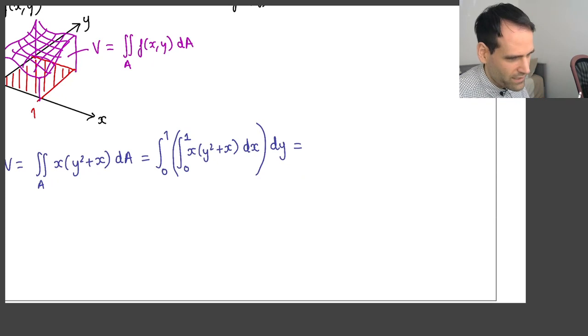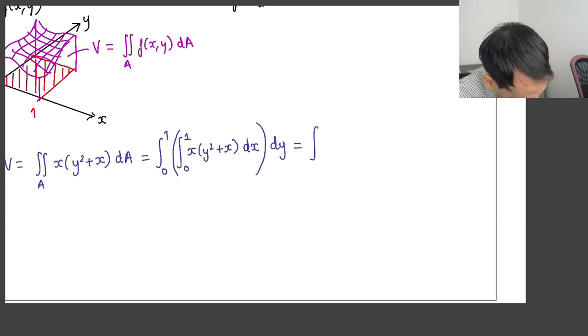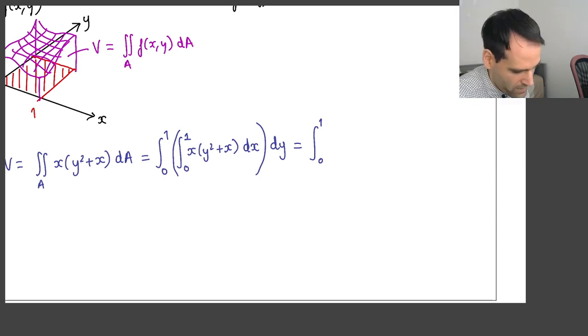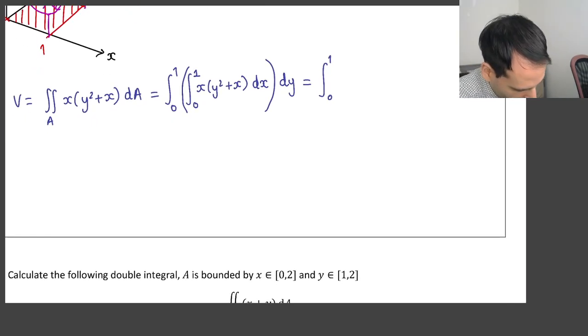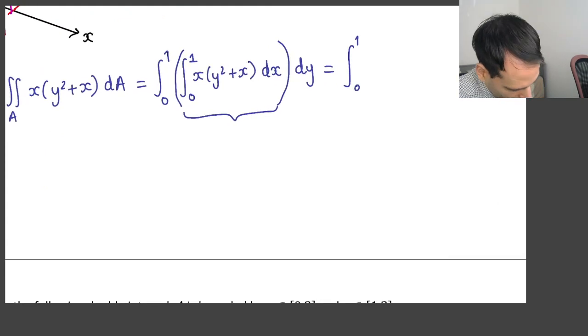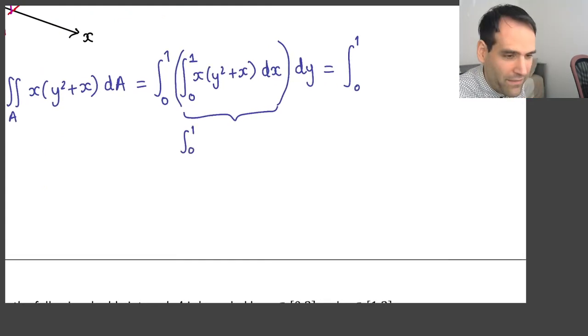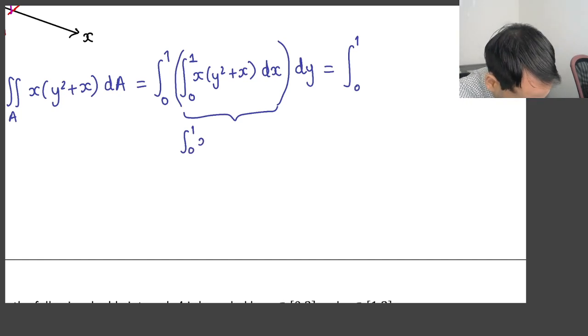So let's keep the integration symbol outside for dy, and now let's do the integral of this with respect to x. So in order to not get messy, let me write the integral of this here in a bracket. So we are doing the integral between 0 and 1 of, let me expand the brackets, so this is xy squared plus x squared dx.